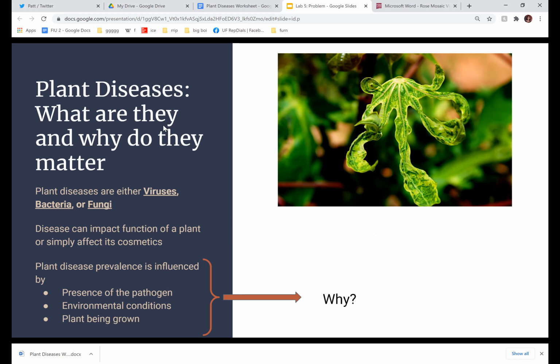Well, plants grow in the environment, so environmental conditions can't really be influenced too badly unless they're indoor plants. Pathogens, if they're carried by a vector like insects, there's no real solution to that, because insects are naturally drawn to plants unless you use a pesticide, and some plants are more predisposed to different diseases.